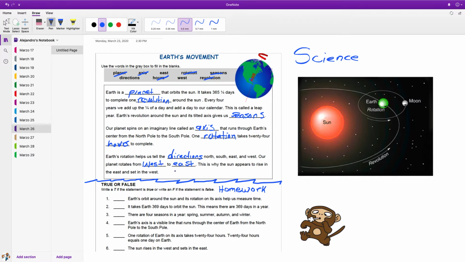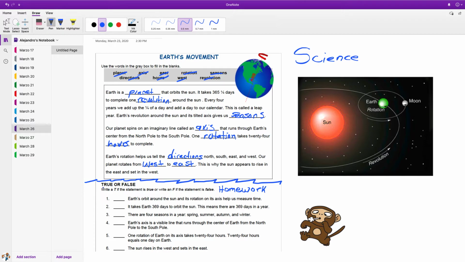Good, so we are done, guys. Good job. So now, what do you have for homework? Okay, so you have 6 sentences, but some of the sentences, guys, are telling some lies. What I mean with that is that you're gonna have to find which sentences or which statements are true and which statements are false.